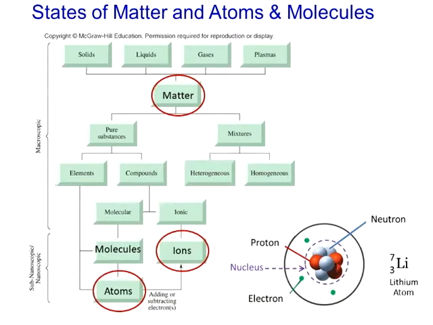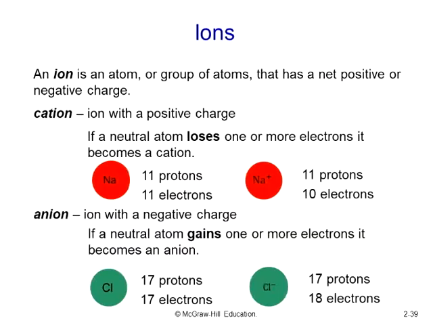Now, when we consider states of matter and atoms and molecules, we must also consider the ionic form of atoms as well. So let's discuss ions. An ion is an atom or group of atoms that has a net positive or net negative charge.